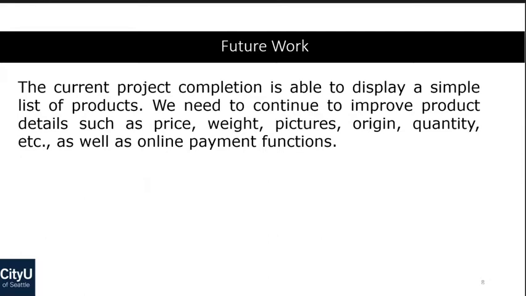As for future work, the current project is able to display a simple list of products. We need to continue to improve product details such as price, weight, features, origin, quantity, and so on, as well as online payment functions.